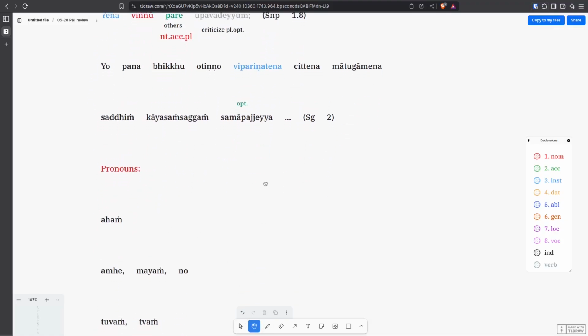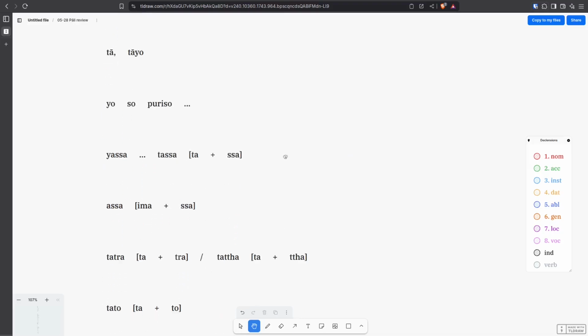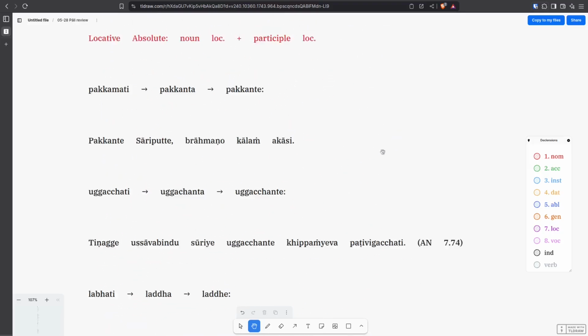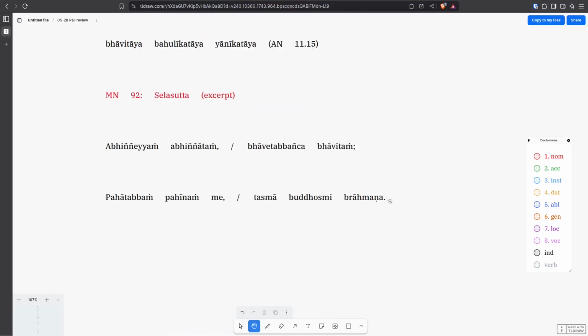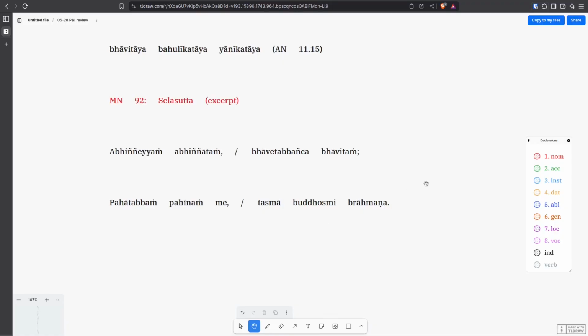Okay, then let's finish with the verse at the end of the Sela Sutta.